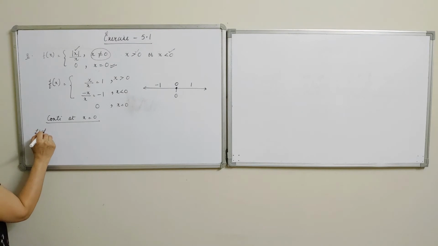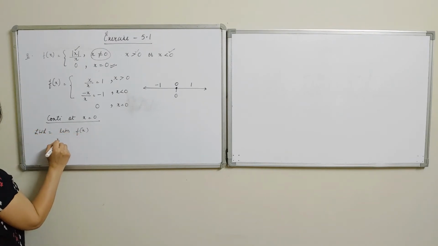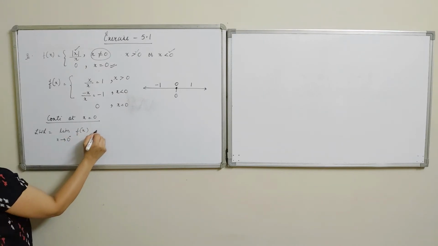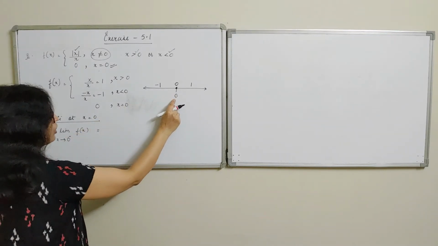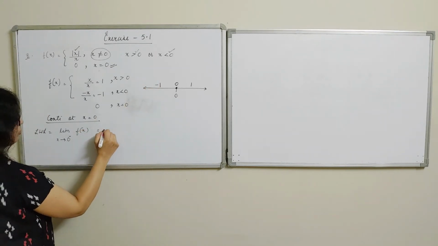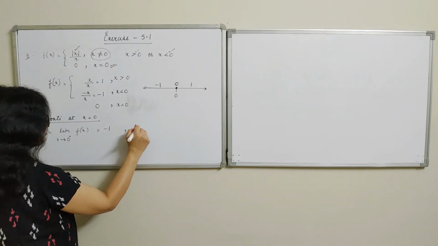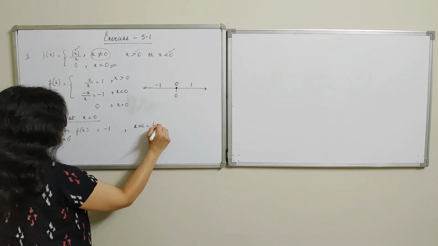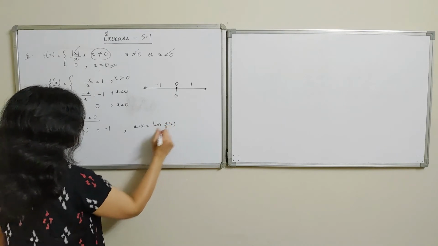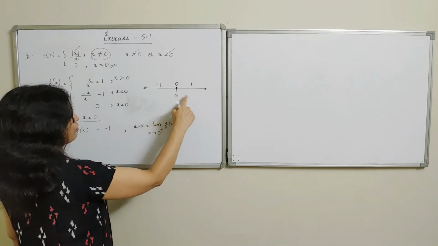The left hand limit of the function when x tends to 0 minus, that means approaching the point 0 from the left hand side, the function is a constant value -1, hence we can straight away write down that LHL is -1. Likewise, the RHL is the limit of f(x) when x tends to 0 plus. 0 plus means approaching 0 from the right side.